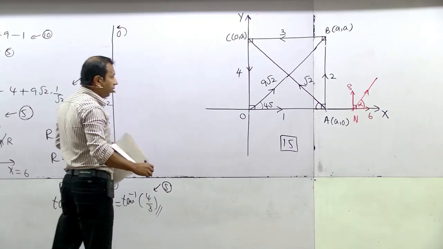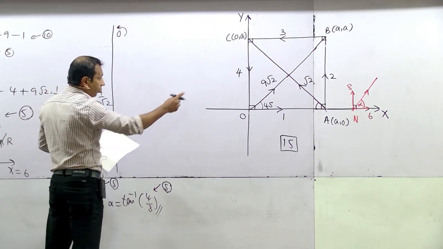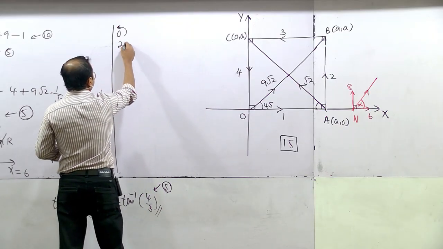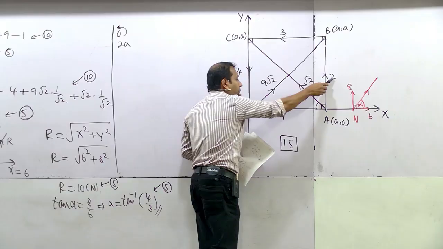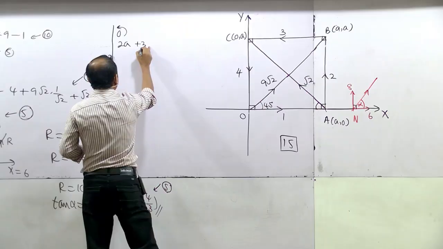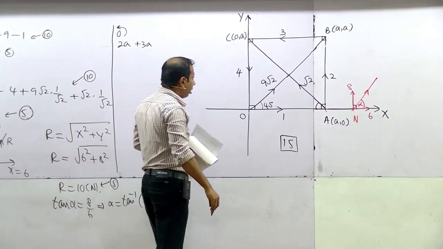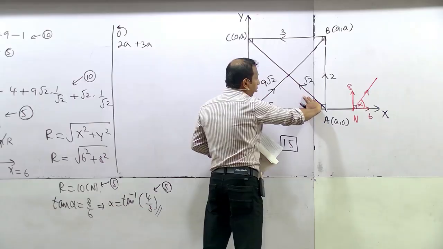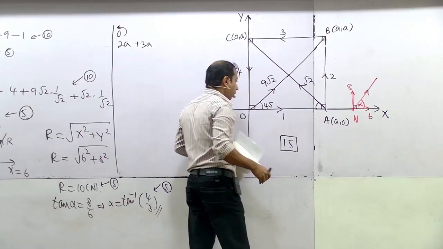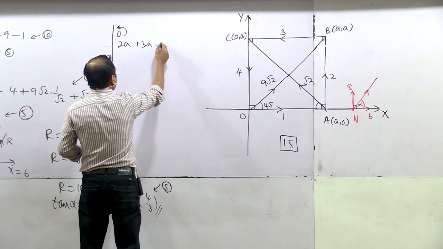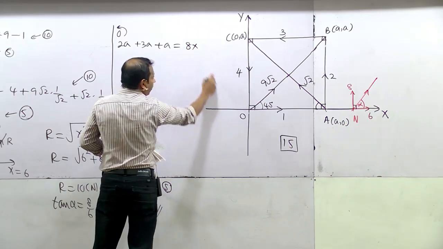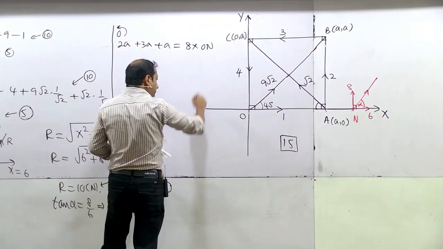Then this length is 2 into A, the moment of this 2 and this is A, anti-clockwise moment, and 3A, and this root 2, root 2 cos 45, that means 1, 1 into A is A. The moment of forces this much should be equal to 8 multiplied by ON.